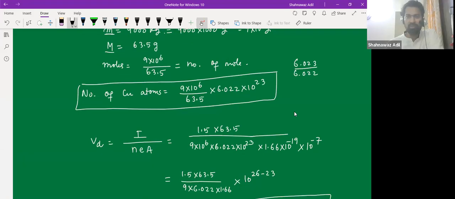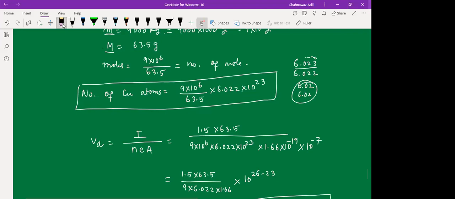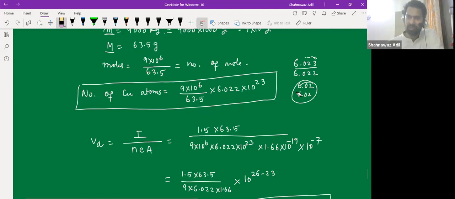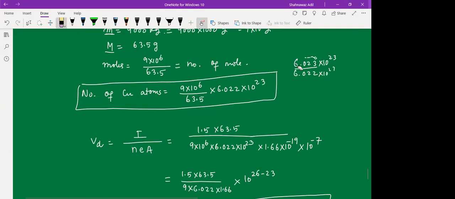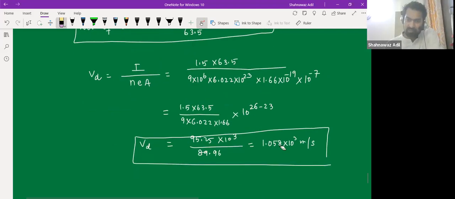Yes, absolutely, because you will see the change only in the third decimal place, and this is of the order of 10 to the power 20s, so it doesn't matter. We can round it off and get 1.06 into 10 to the power 3 meter per second. Yes, of course, the final answer we can round off and write as 1.06.